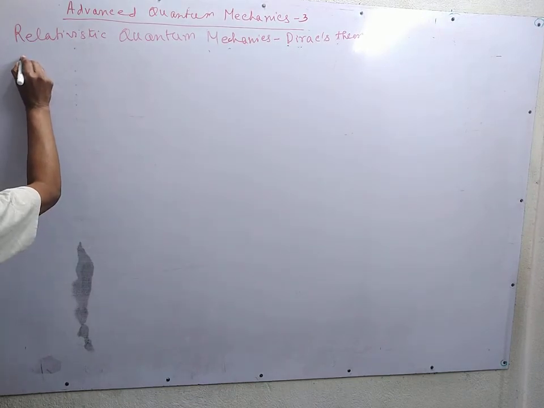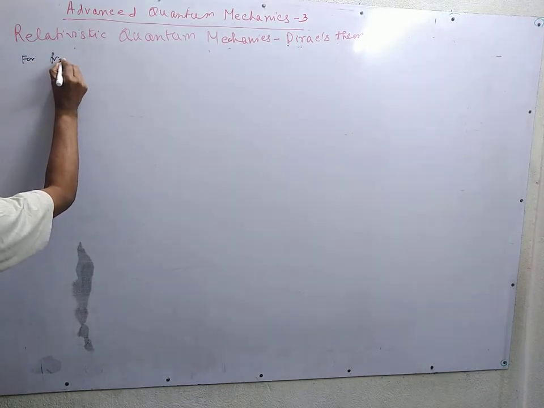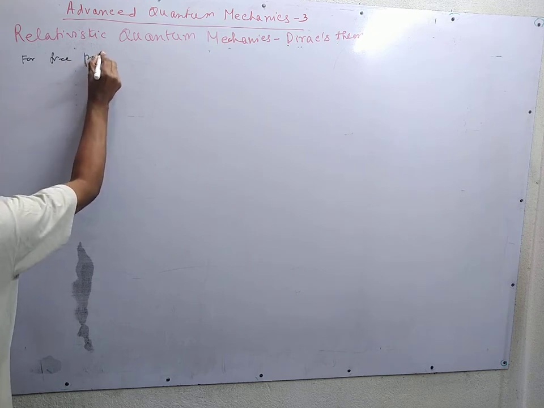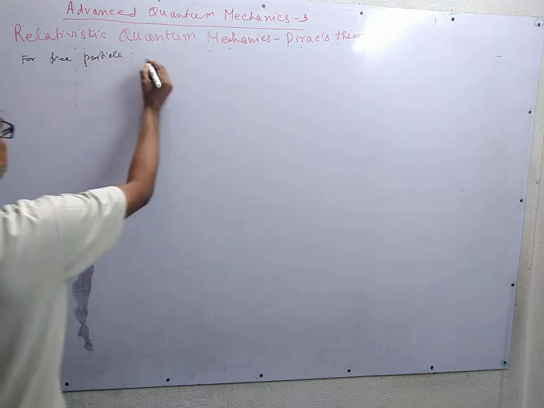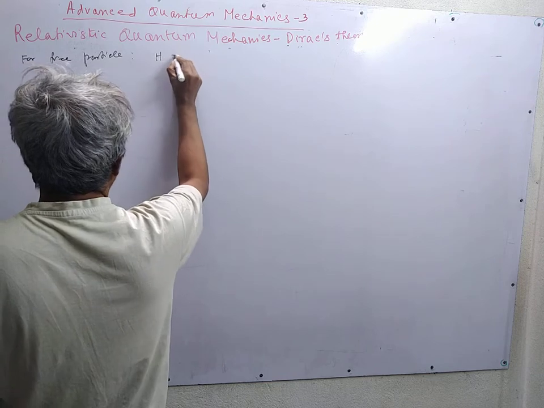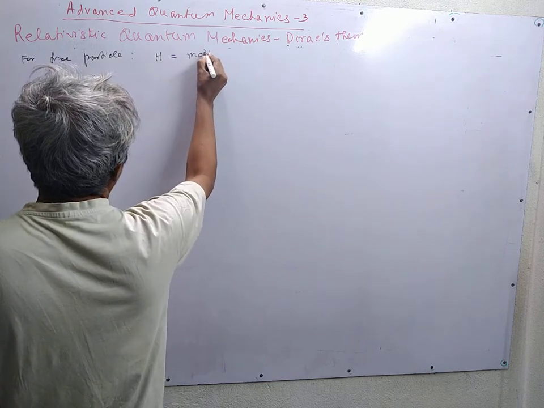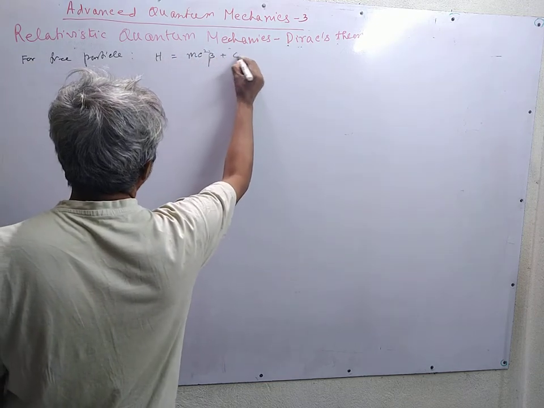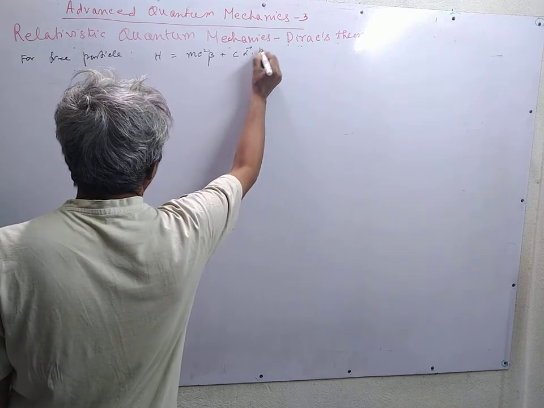For a free particle, the Dirac Hamiltonian is H equal to mc squared beta plus c alpha dot p.